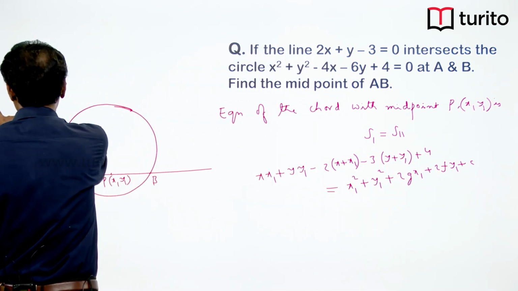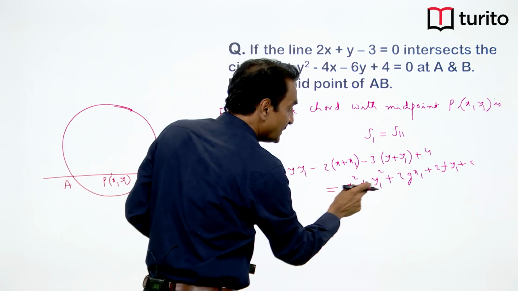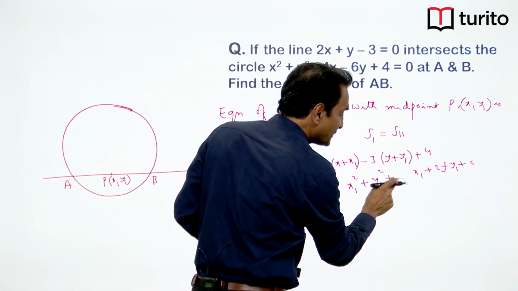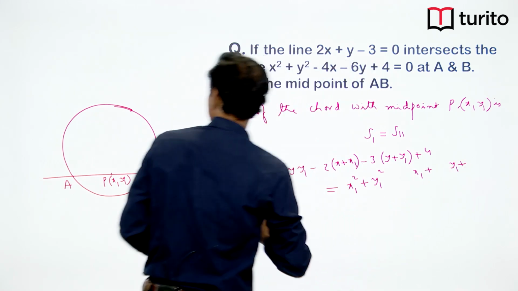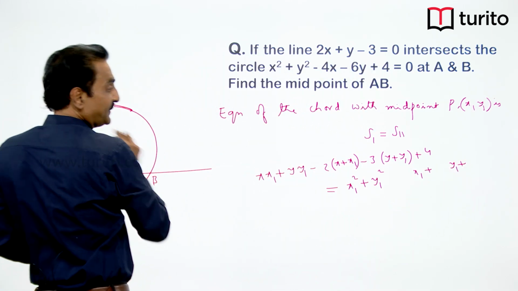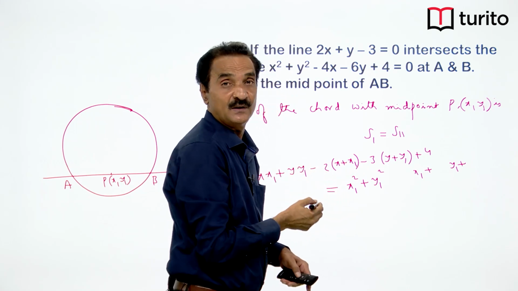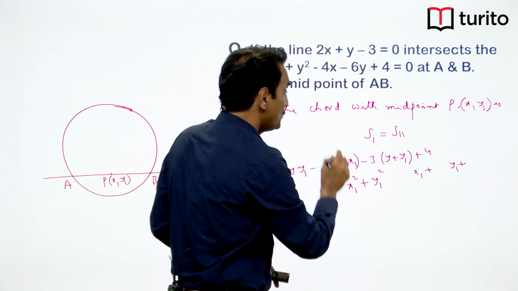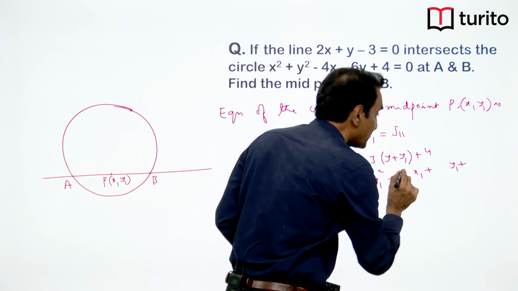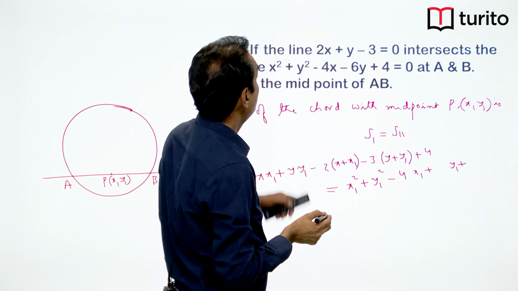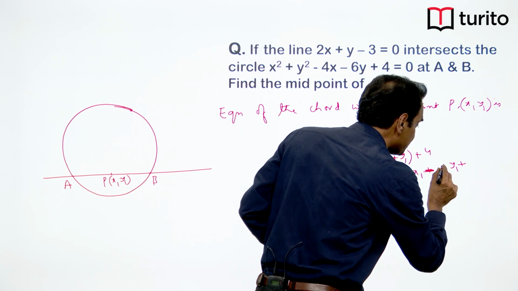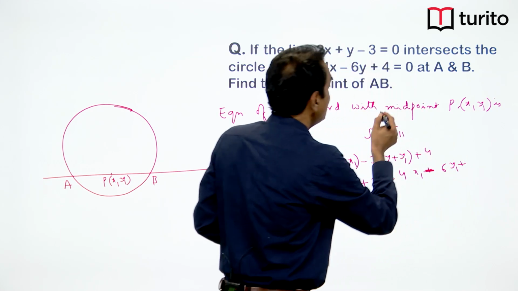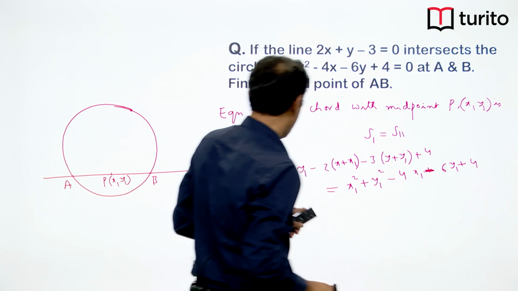In the RHS also, you have to substitute 2g, 2f and c. Now, what is 2g? 2g is minus 4 and 2f is minus 6 and c is 4.